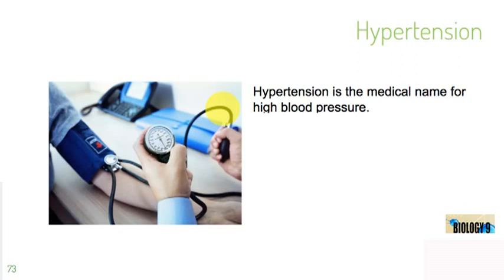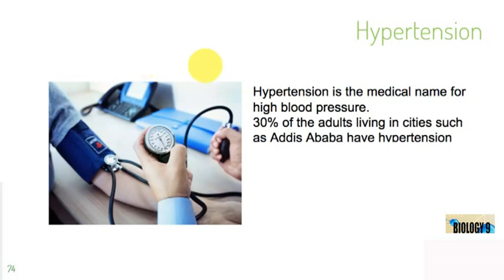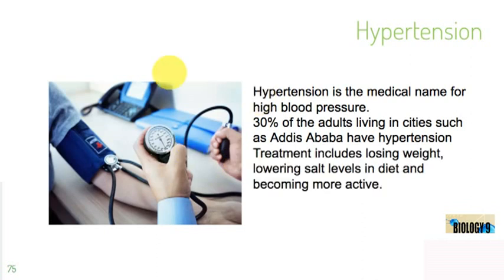But in over 90% of the cases of high blood pressure, it is actually unknown why people get it. But around some local places, such as Addis Ababa, a lot of people have got it, okay? And there are a number of factors that can increase the risk of you getting it.